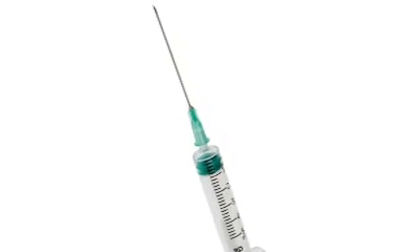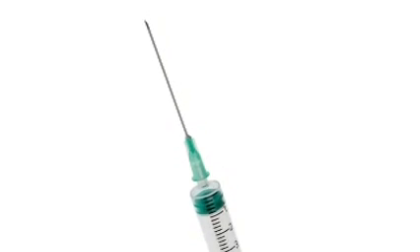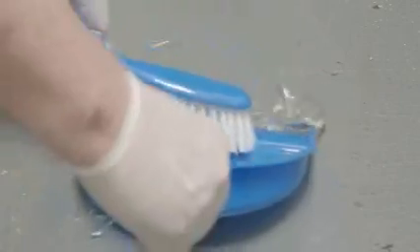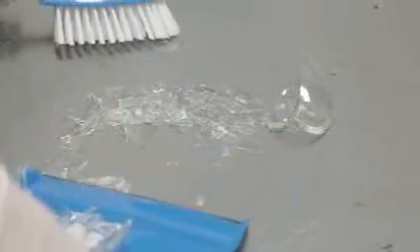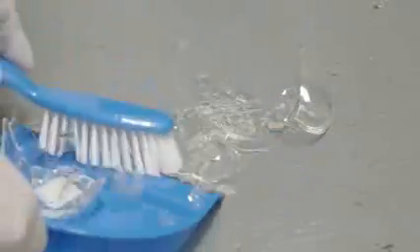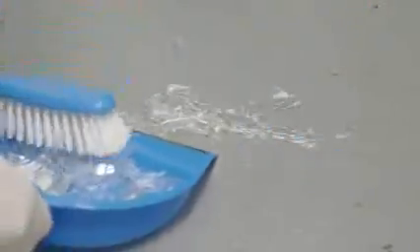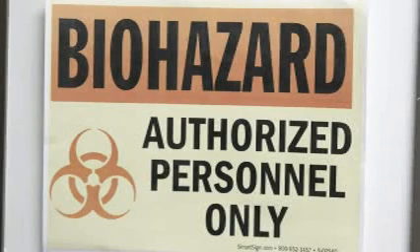Employees should never break, bend, recap, or remove needles. In addition to needles, any sharp object, such as broken glass, should only be picked up by mechanical means, such as a brush and dustpan, and should be disposed of properly. Finally, limiting certain activities in areas with possible bloodborne pathogen exposure is required.